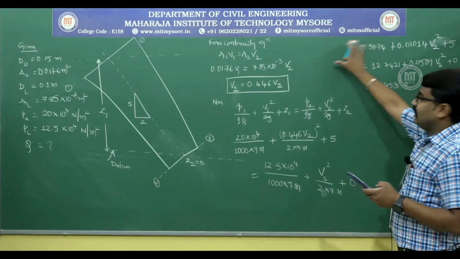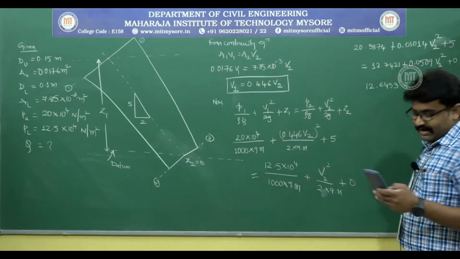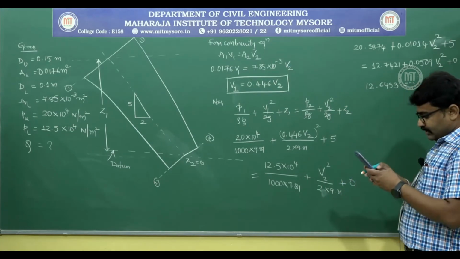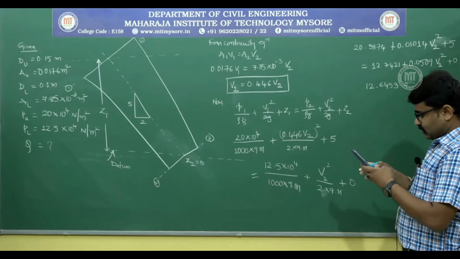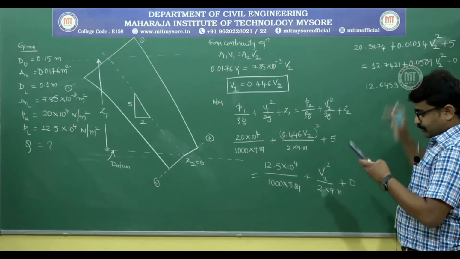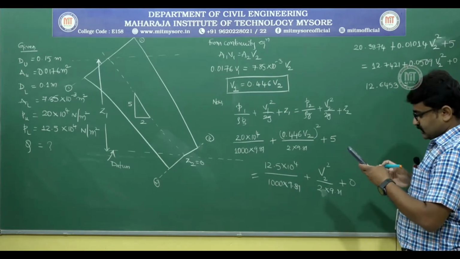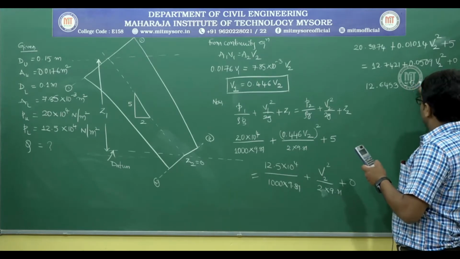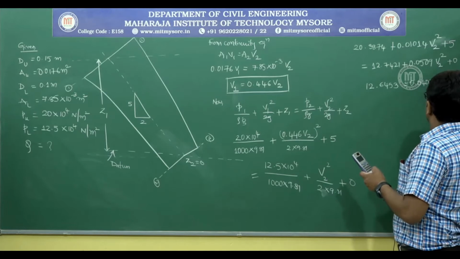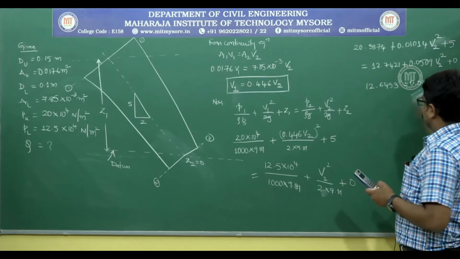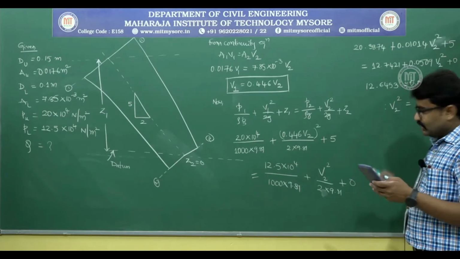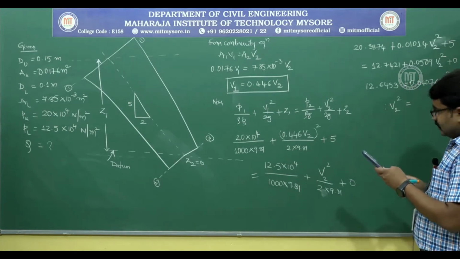So, I have sent all the numerical values to the left hand side. You are left with on the right hand side 0.0509 minus 0.01014, that is nothing but 0.04076 V2 square.